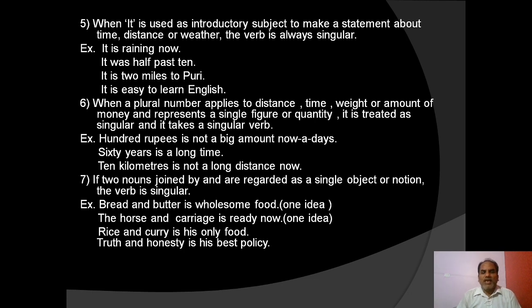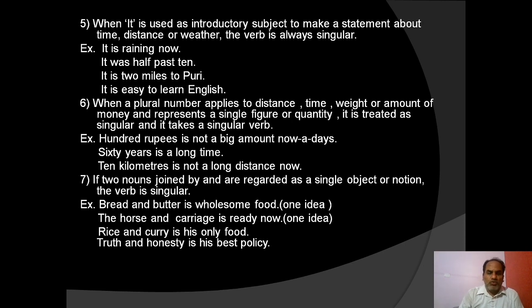The horse and carriage is ready now. Rice and curry is his only food. Truth and honesty is his best policy. Though they are plural, they have a single idea. So two nouns joined by and regarded as a single object or notion, or one idea, take a singular verb.